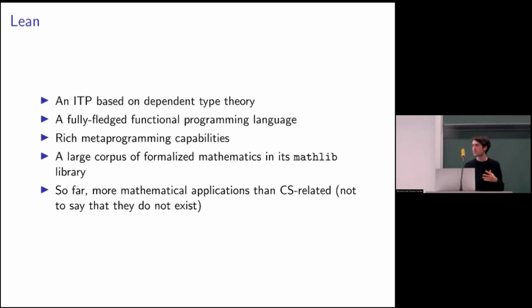A nice thing about it is that it has a very rich metaprogramming framework, which I think could be potentially useful in our context in the future, in that it is well suited for building DSLs and maybe some proof infrastructure more specialized in security and cryptography.